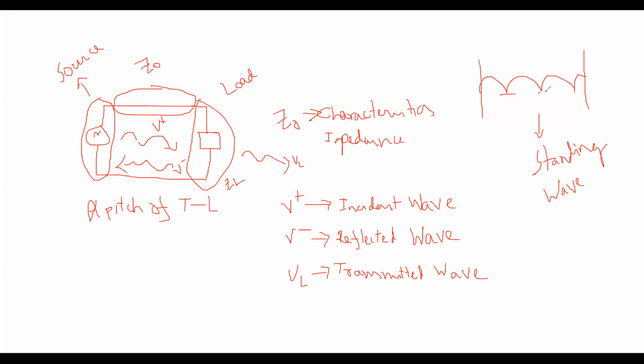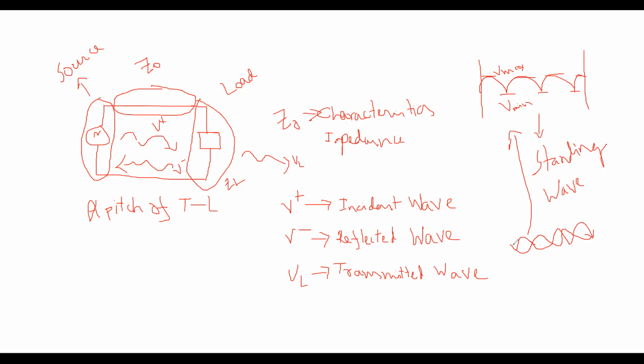This is V min. This is V max, the maximum amplitude. So how do we get it? We have the incident wave and we get the reflected wave. The incident and reflected wave combination gives this kind of wave.